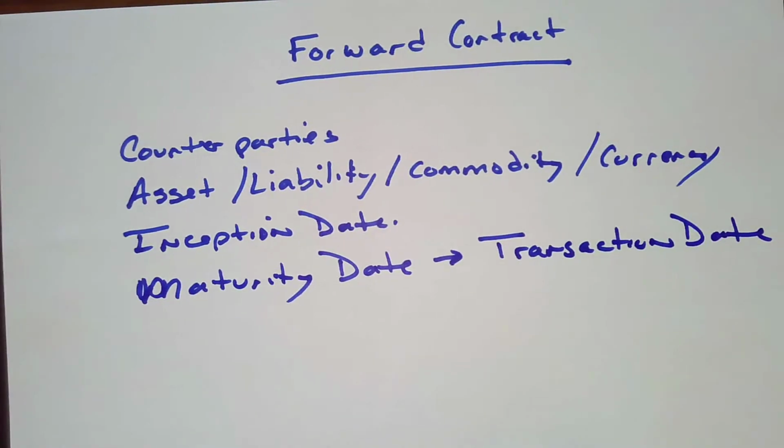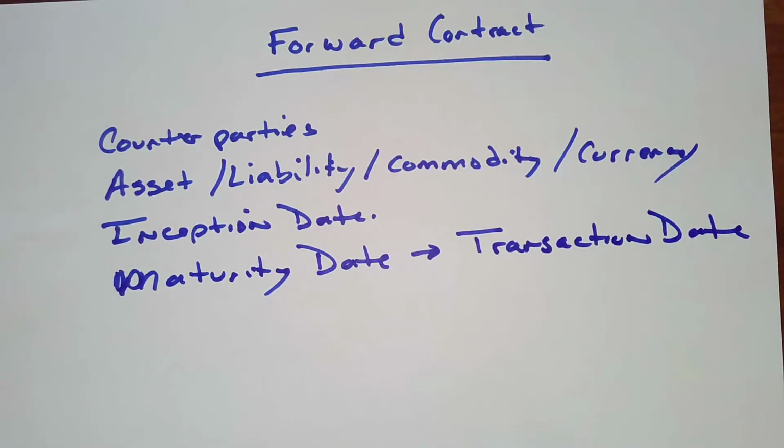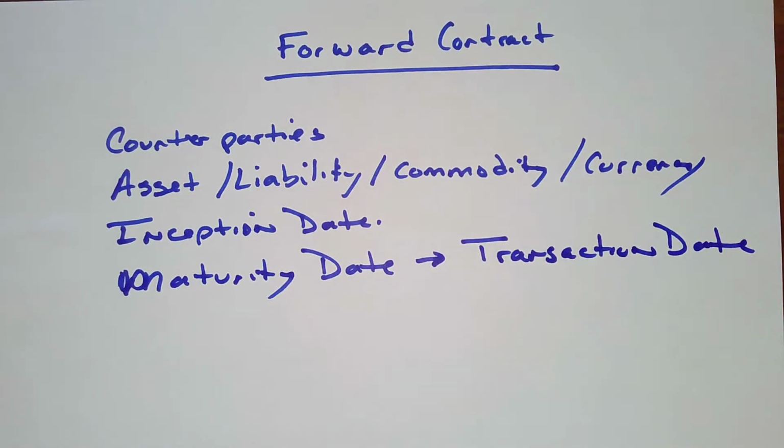And what we mean by the transaction date, that's when we're actually going to exchange cash for whatever. Or maybe this forward contract is we're going to exchange one asset for another asset. That could be cash, it could be something else, right? So what is the transaction date? Sometime likely in the future from the inception date.